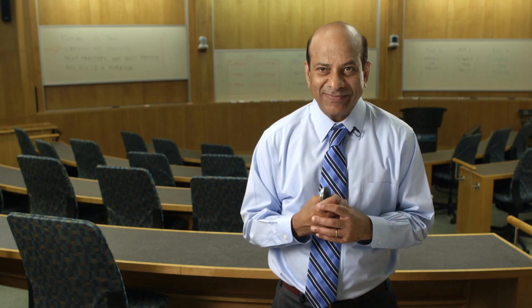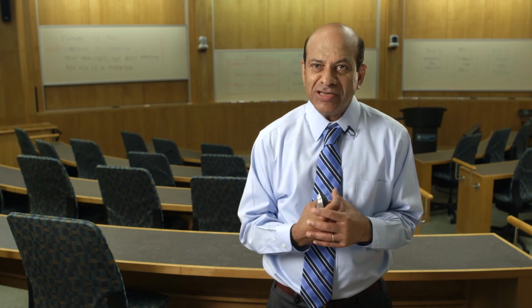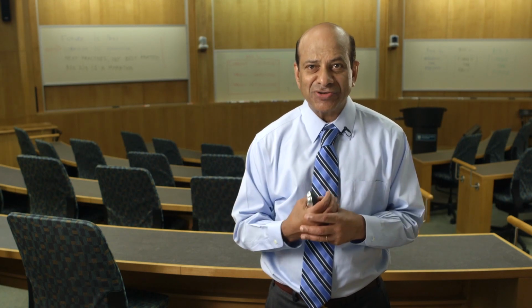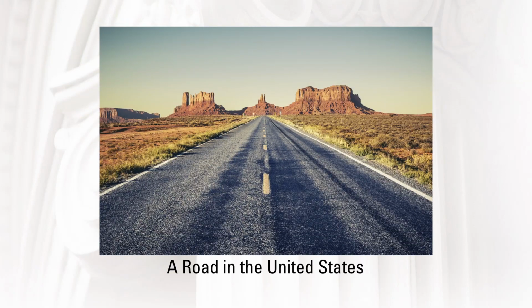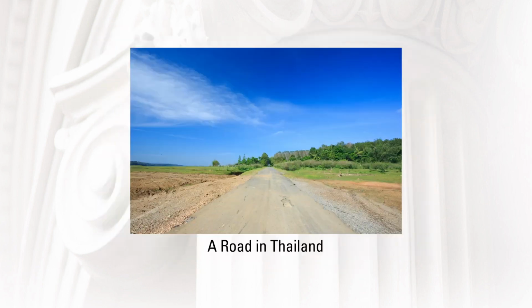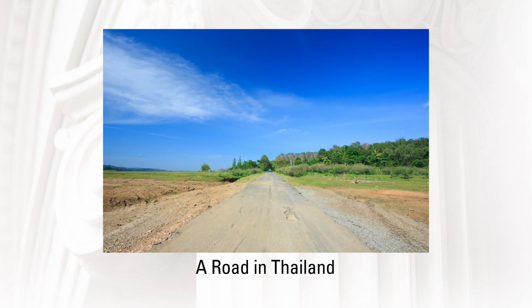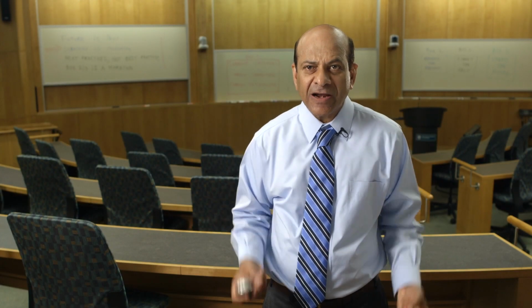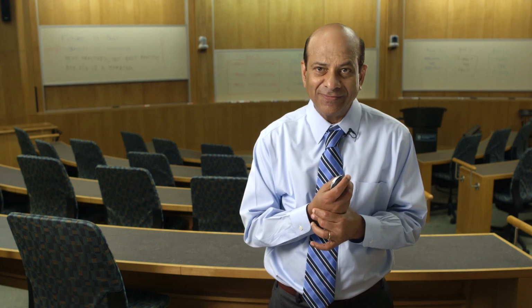Why? Think of it this way. Suppose you're an amputee in the US and you received an artificial leg. You are at least walking on nicely paved roads. Shift the scene to Thailand. Suppose you're an amputee in Thailand and you received an artificial leg. You are probably walking on uneven roads. That means you're putting a lot of stress on that artificial leg.